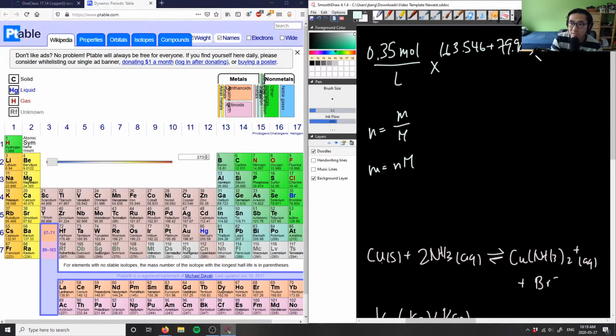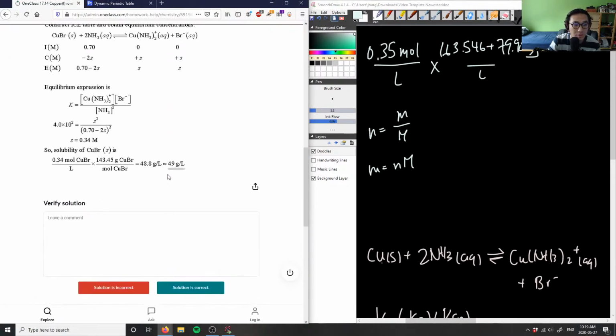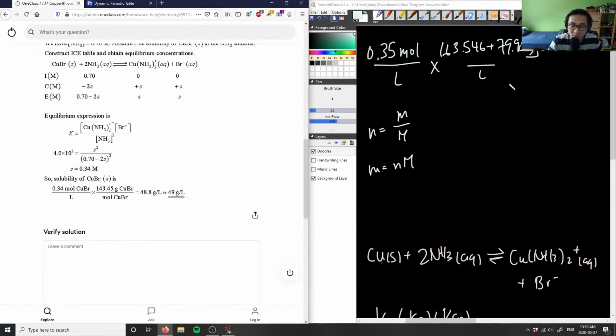And this is in grams per mole actually, because molar mass is measured in grams per mole. So these two guys cancel out.